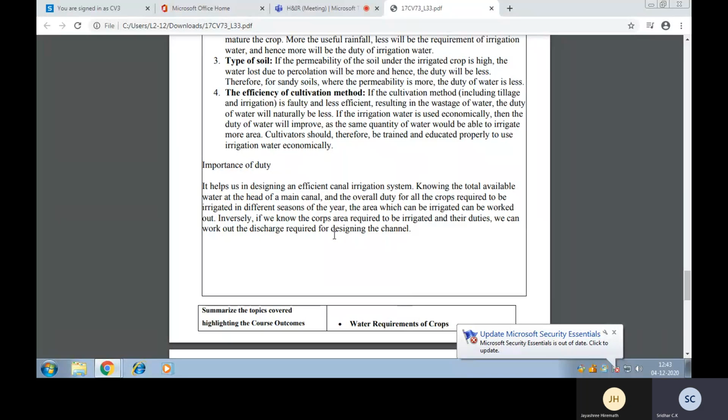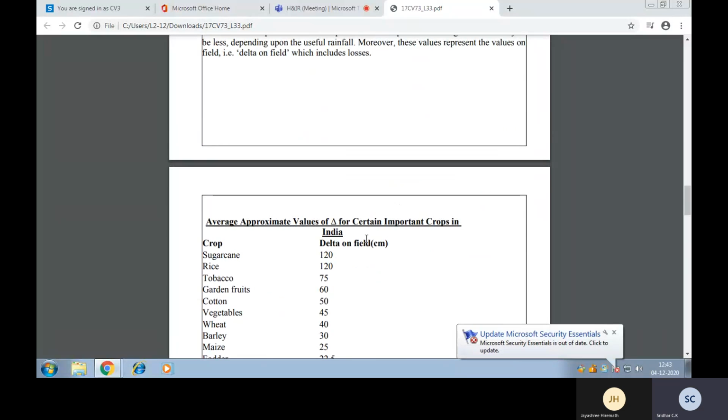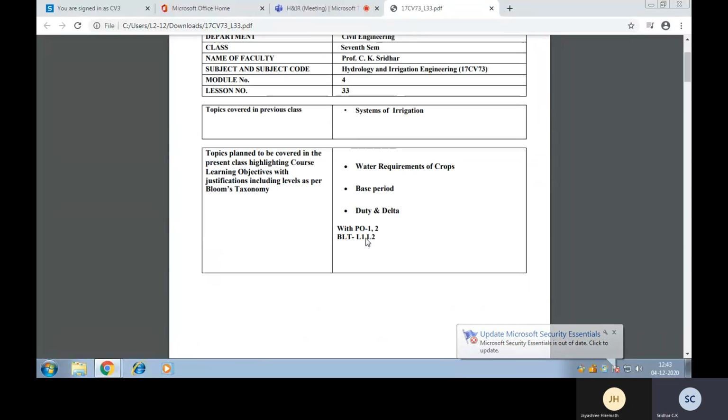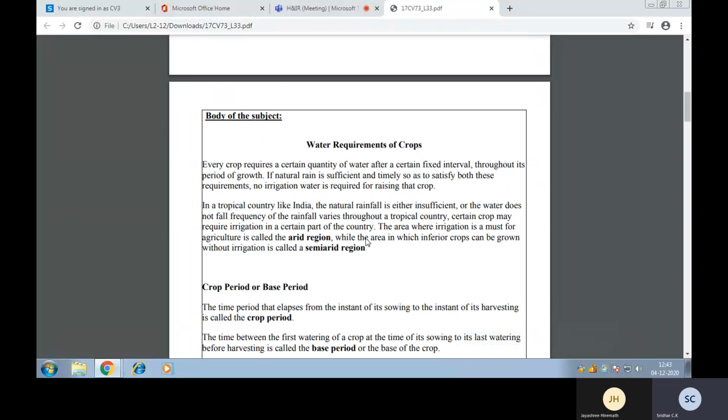So with this entire discussion, we can conclude this lecture with some of the important ideas, starting with the meaning of base period. Base period is the period from the starting of the sowing to the end of the crop, that is harvesting.